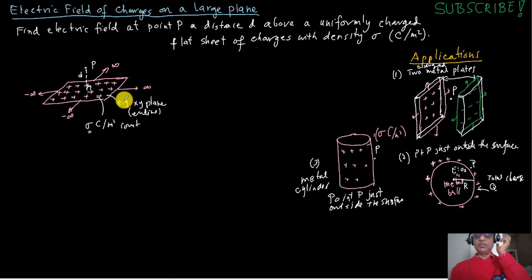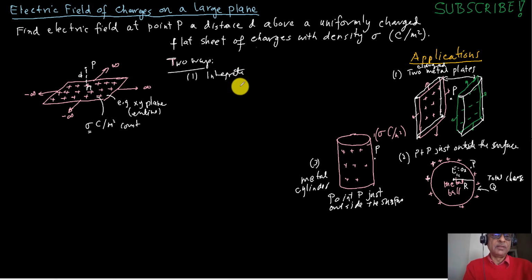Let's go through the arguments. You can find the electric field here a couple of different ways. So there's two ways to do it. One is just to integrate. What do I mean by integrate?